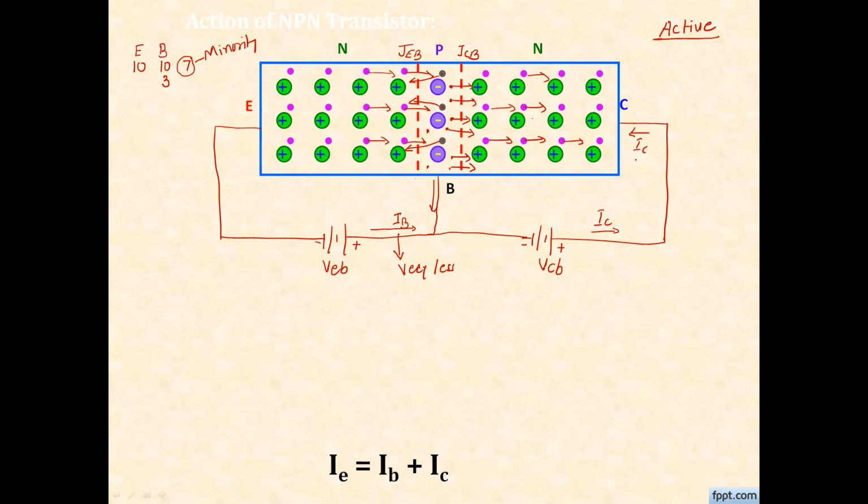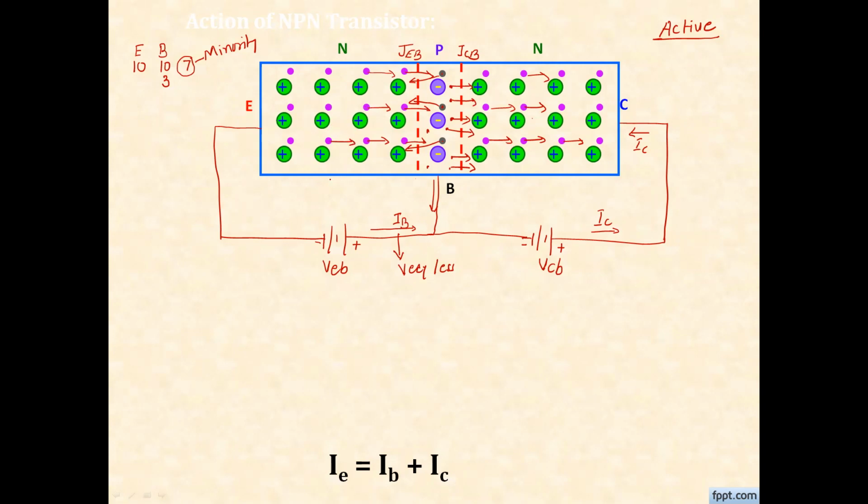This is the collector current. Now if you observe the action of a transistor, the base current and the collector current are the incoming currents for an NPN type of transistor here. And if you see the movement of free electrons in the emitter region, those electrons move in this direction.